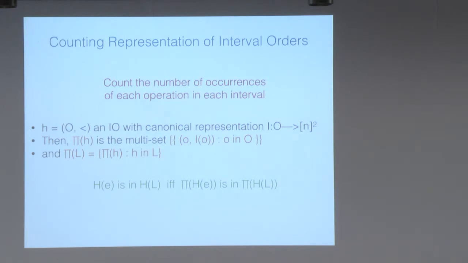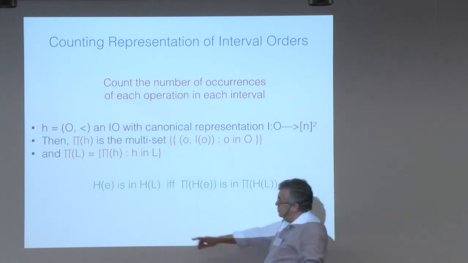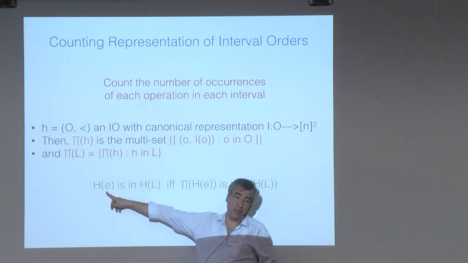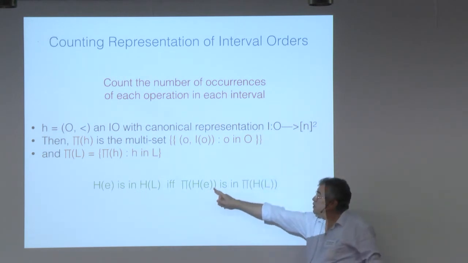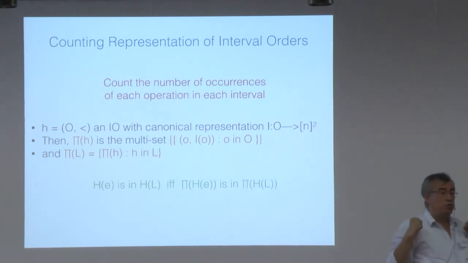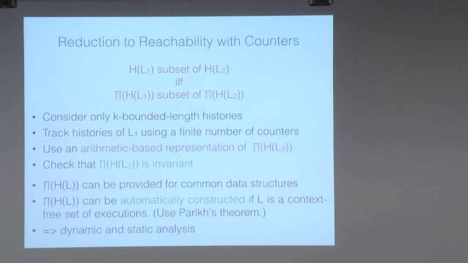Right. And now you can show that checking that this history of this execution is in this set holds if and only if, if you reduce these things to multisets, you can just check that this multiset is there, or if you want, this vector of integers is in this set of vectors of integers, if you represent a multiset as a vector of integers.